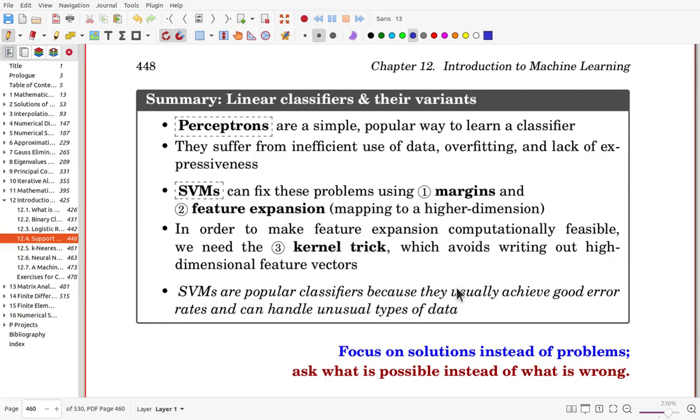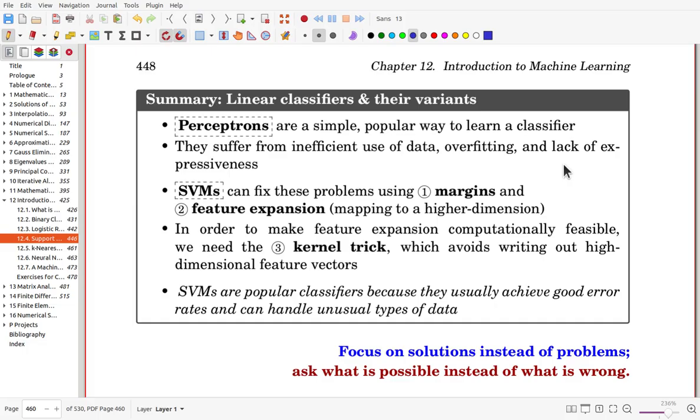Here we summarize the linear classifiers and their nonlinear variants. Perceptrons are a simple and popular way to learn a classifier, and we also considered the Adaline and logistic regression. But these algorithms suffer from inefficient use of data, overfitting, and lack of expressiveness. Now, support vector machines can fix these problems using margins and feature expansion.